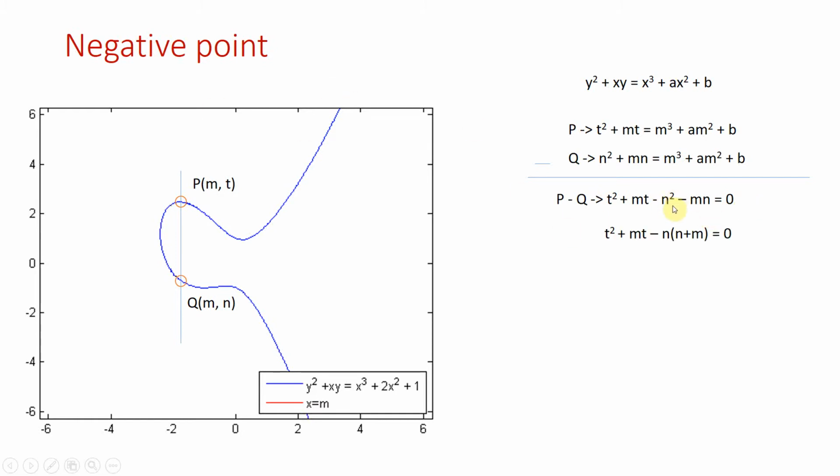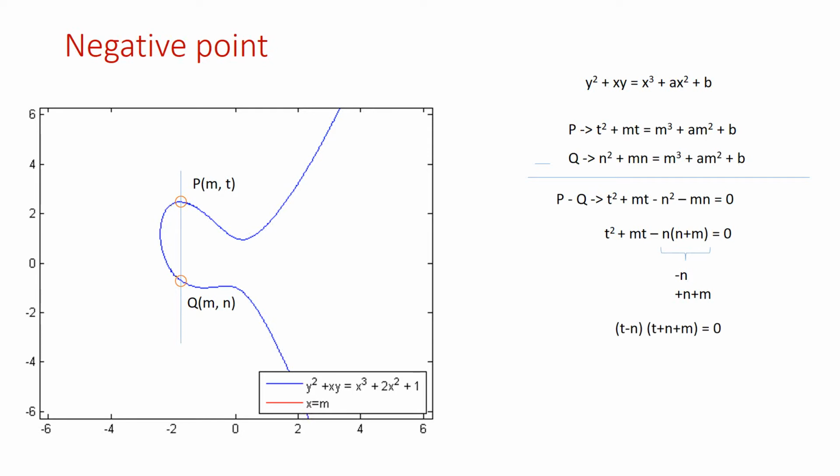Both n squared and mn terms have an n multiplier. That's why I'll express it as m common parenthesis, t squared minus n squared plus mt minus mn, is equal to 0. This term is a multiplication of t minus n and t plus n plus m.